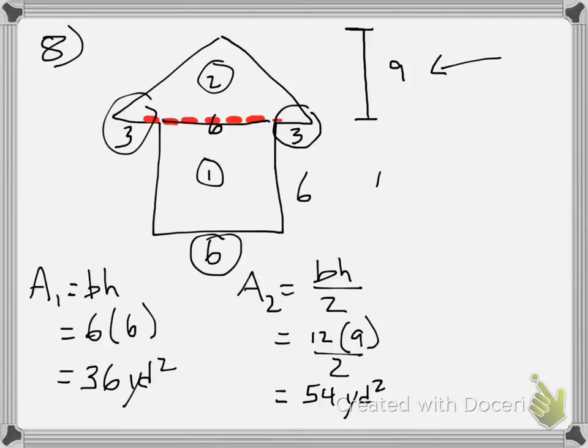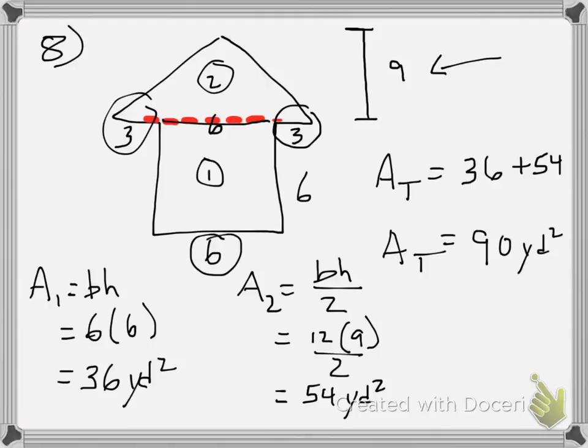So to get the area of the total shape, I would just need to add my 36 plus my 54. And if I was doing this in my head, I would say, what's 30 plus 50? That's 80. 6 and 4 is 10, so my total area is 90 square yards.